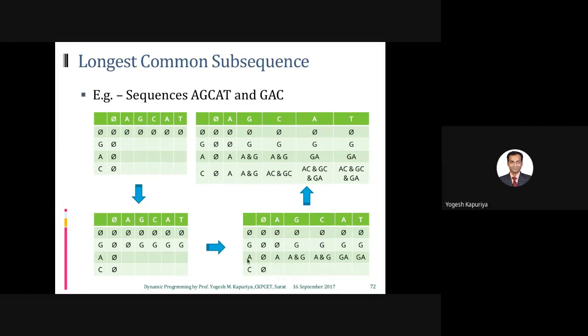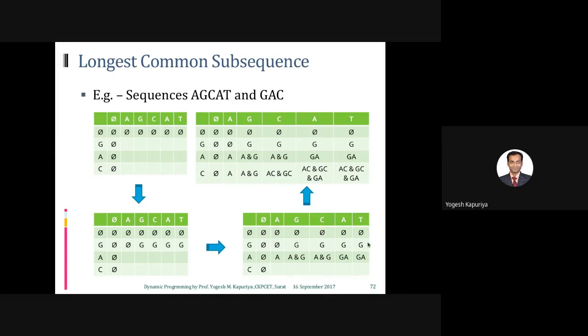Then next A and A. So there is a match. When you have a match, you will see the diagonal, right? So you have G over there plus the match, so A. So that's why it becomes GA now. So that means now you have length 2. Here it was 1, then 1 plus 1, that makes it 2. Then you have T. T and A will be compared, right?